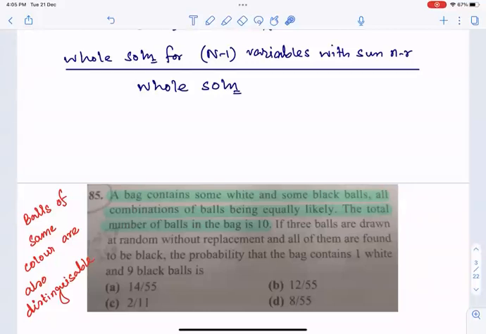So what are the possible combinations we can think of? 0 white, 10 black balls, right? 1 white, 9 black balls, and so on, up to 10 white and no black balls. These are the 11 possibilities, right? Am I clear?